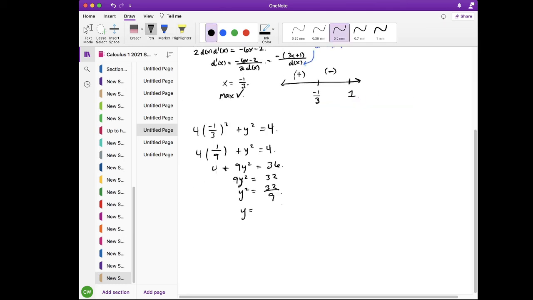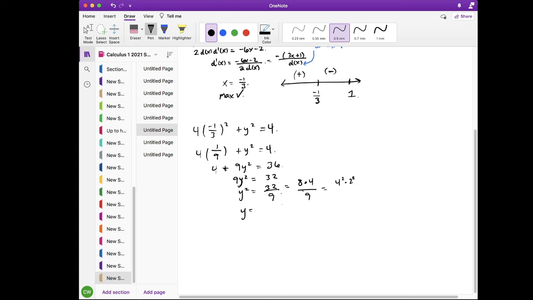Square root of 32 is equal to 8 times 4, right? Four square root of 2 over 3.